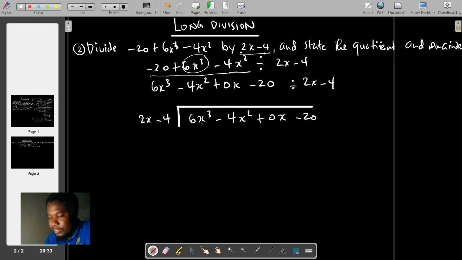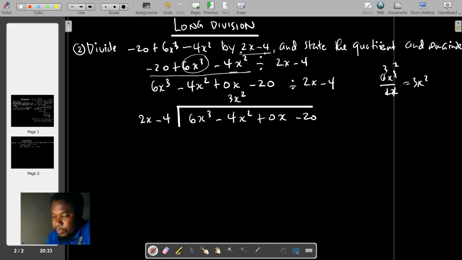So it's 2x into 6x to the power 3, so 6x to the power 3 divided by 2x. 2 into 6, 3. x into x cubed, that's to the power 2. So it's 3x squared. We write it on the term in the dividend that has x to the power 2.